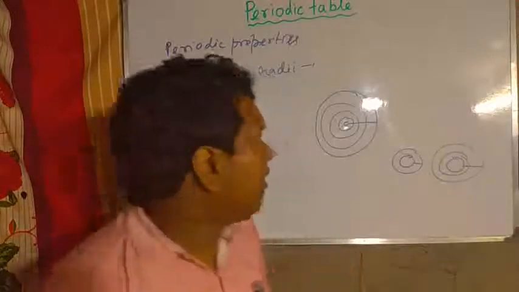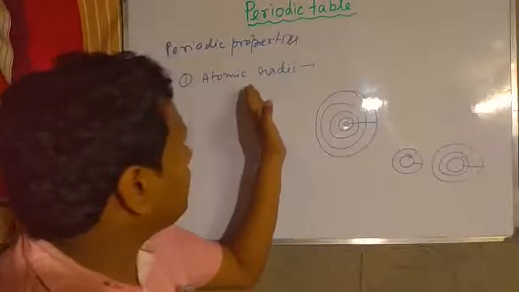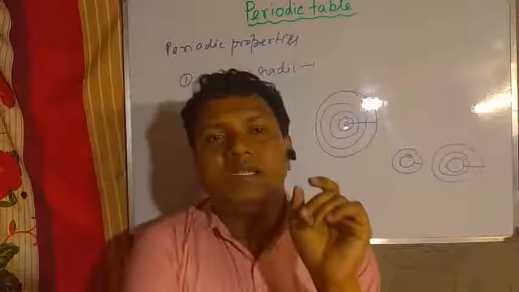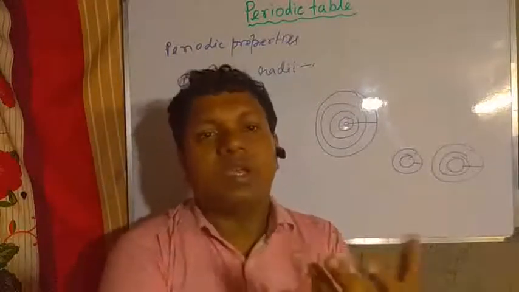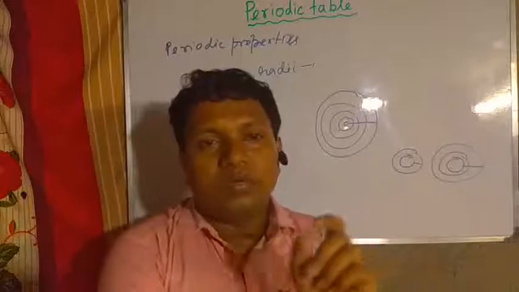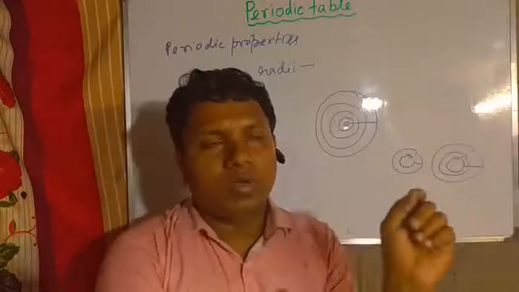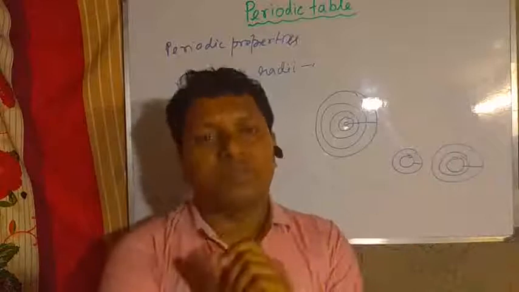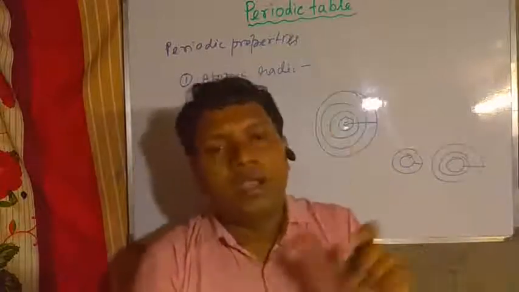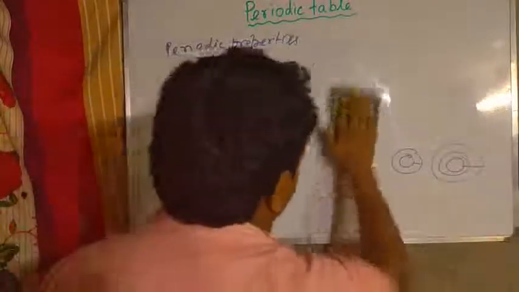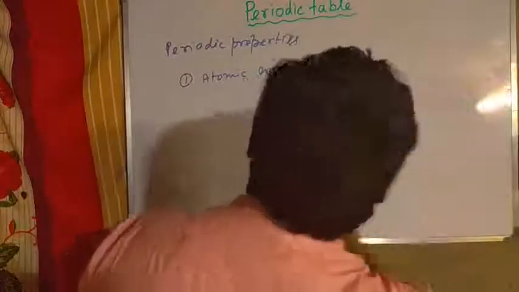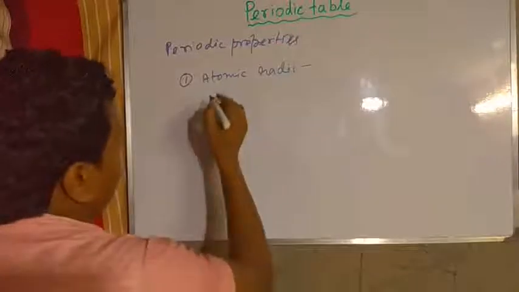Okay, now how does this atomic radius change periodically along a group and along a period? First, I will tell the answer.